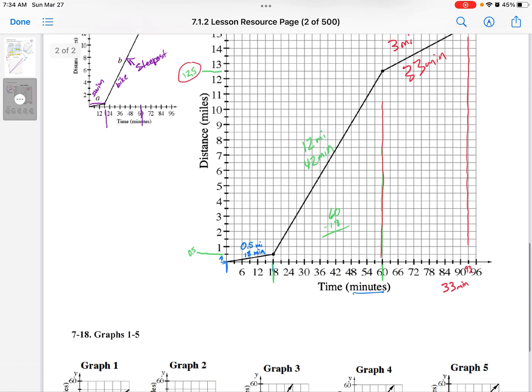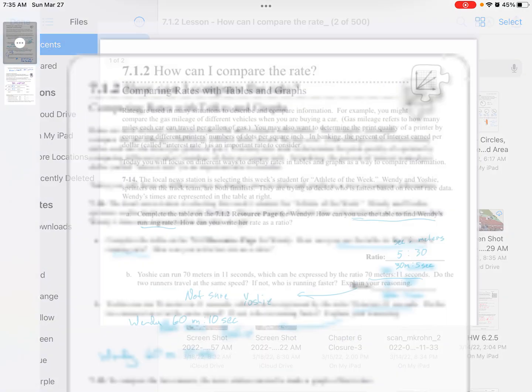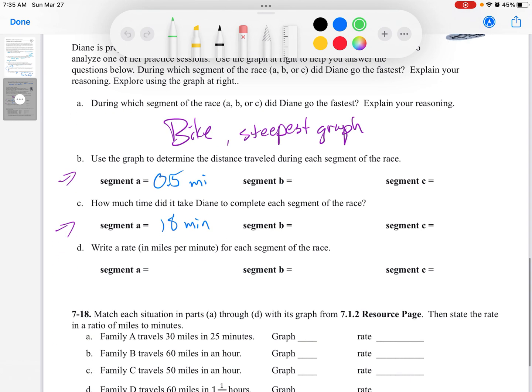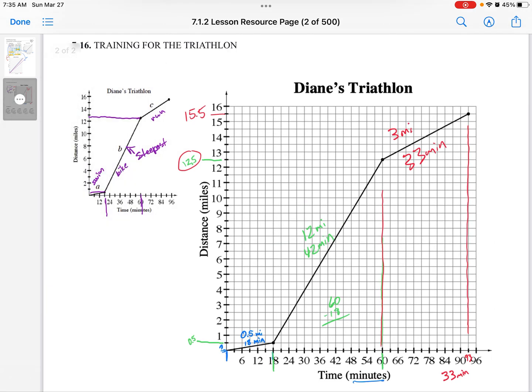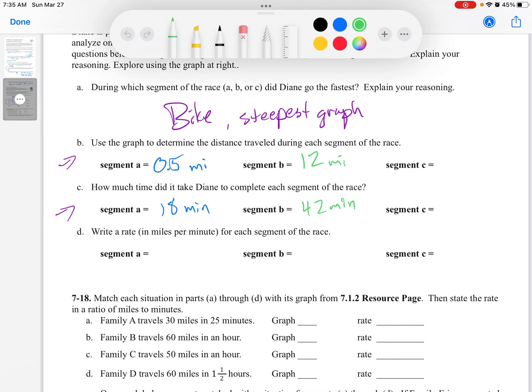Let's grab the information from the other one. 12 miles in 42 minutes. And let's go back to the last part. 3 miles in 33 minutes.